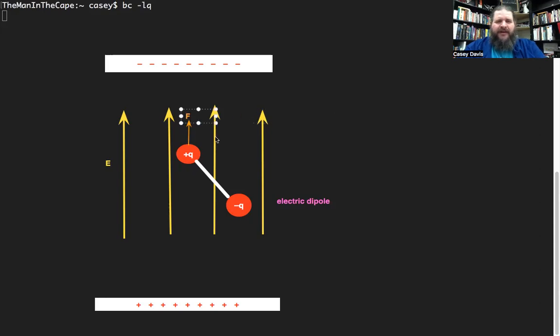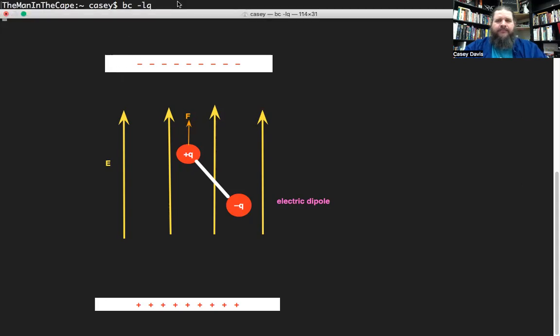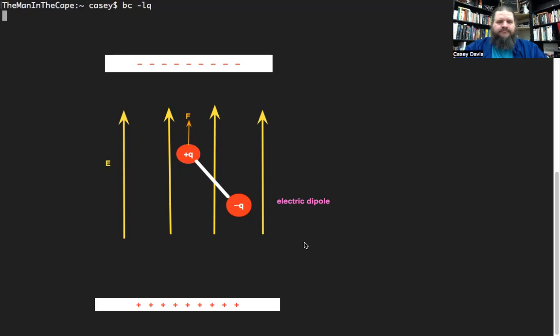So on the positively charged object, we get a force in the same direction as the electric field. And what about on the negatively charged object? Yeah, it's going to be downwards because that's in the direction opposite to the electric field.